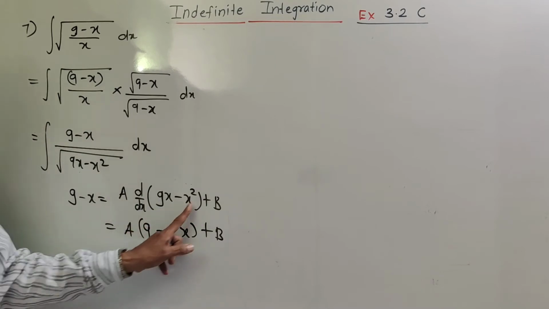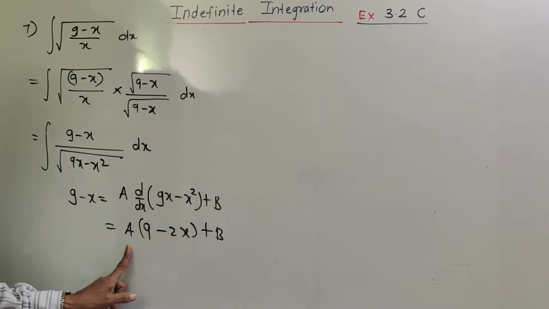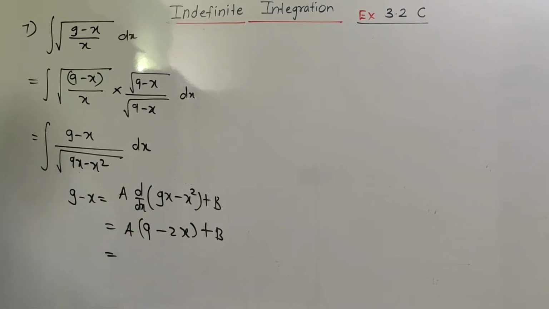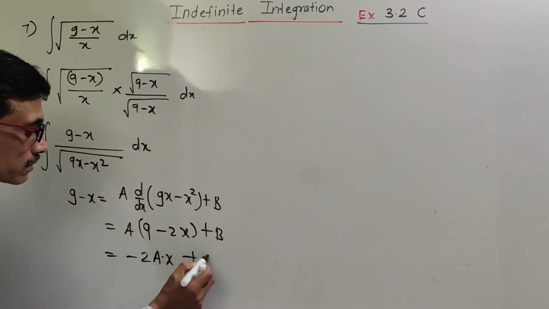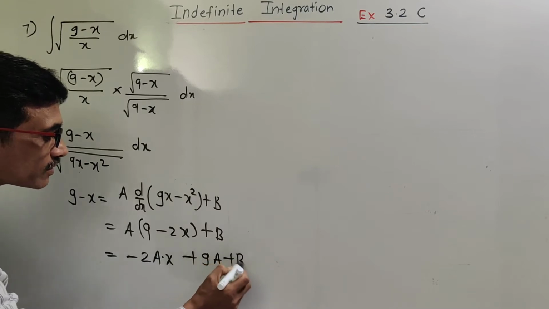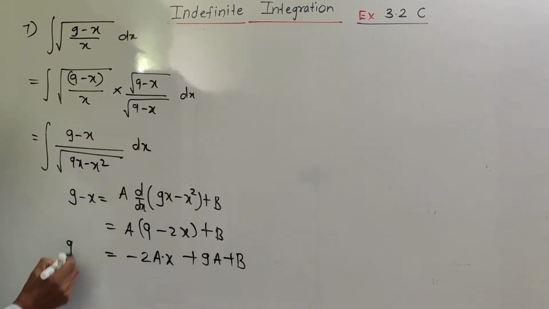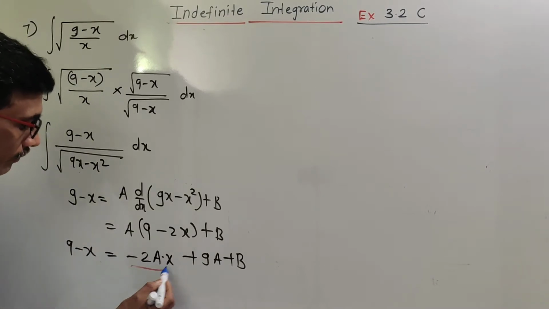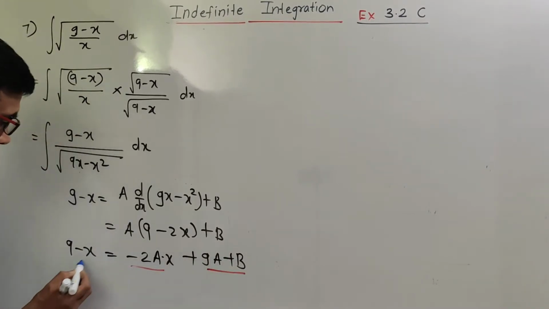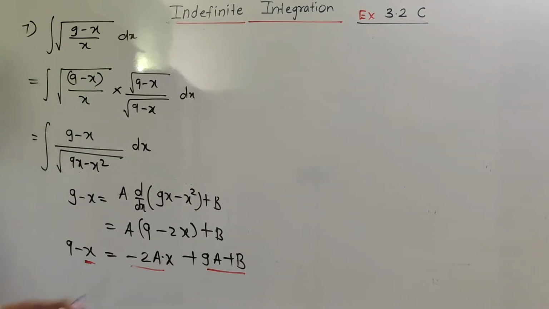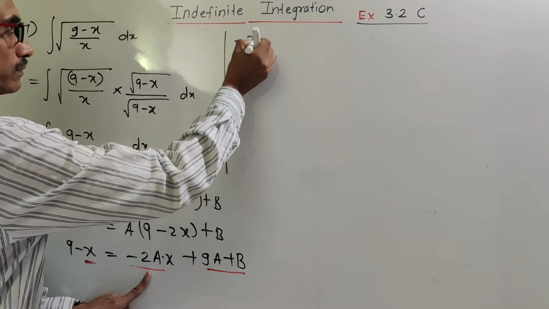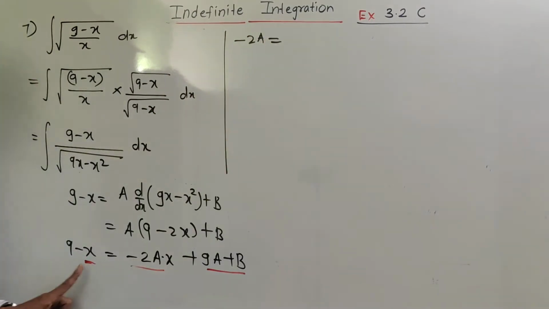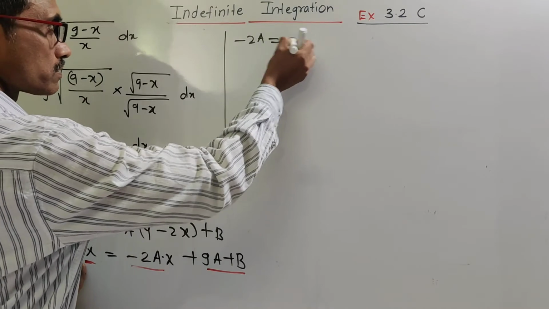The derivative of this is 9 minus 2x, so a into it gives minus 2ax plus 9a plus b, and here 9 minus x. So we compare the coefficients of x and the constant terms. Here the coefficient of x is minus 1, therefore minus 2a is equal to minus 1.